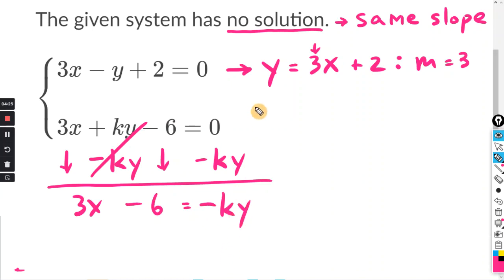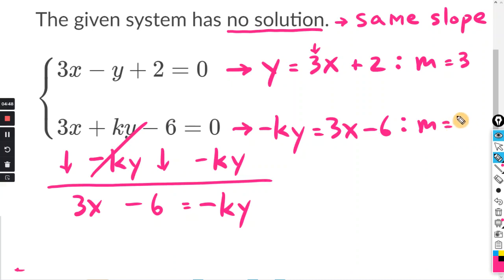If we match this equation with this one here, we have negative ky equals 3x minus 6. Once again, slope is the number that's times x, so our slope is clearly 3.